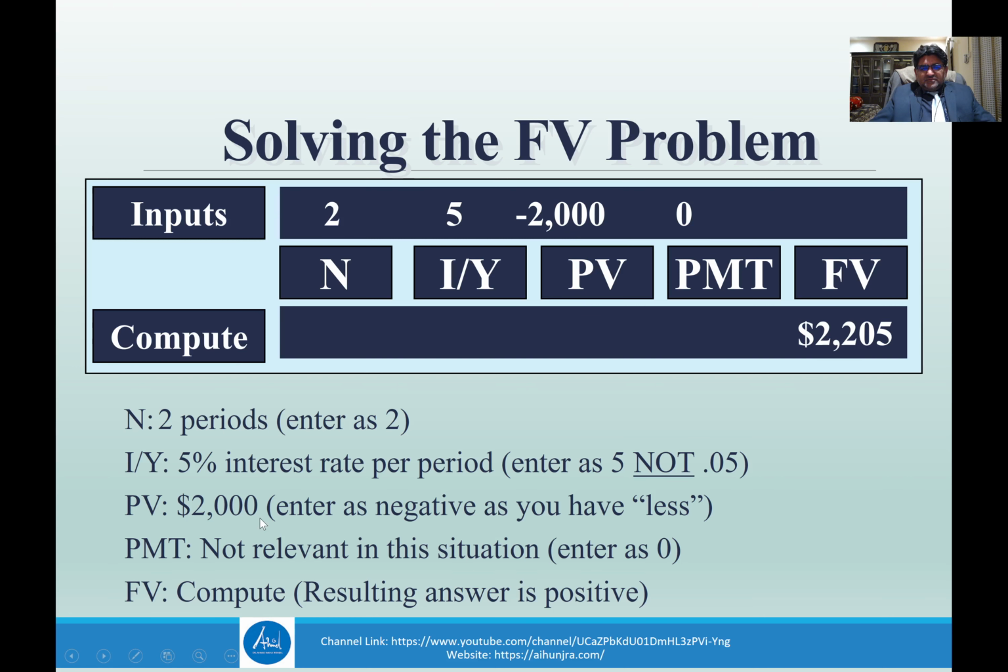PV 2000, enter as negative, as it is outflow. PMT is not relevant in this situation because we have only a single payment, so enter 0. Compute, and the resulting answer is positive because at the end of 2 years we will receive this money. If we receive, that is inflow, so obviously it will be positive.